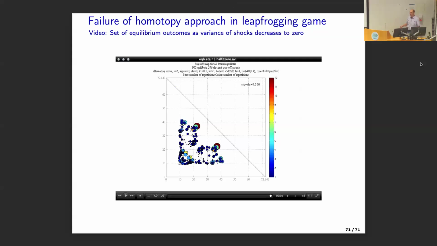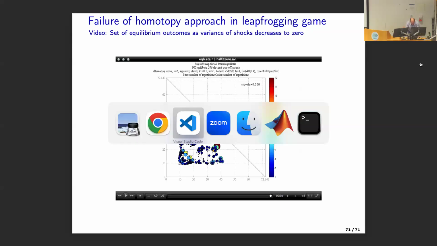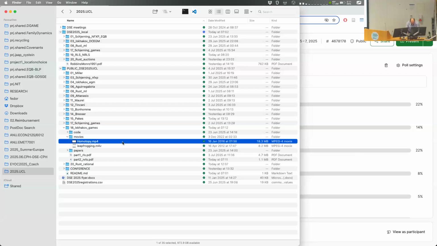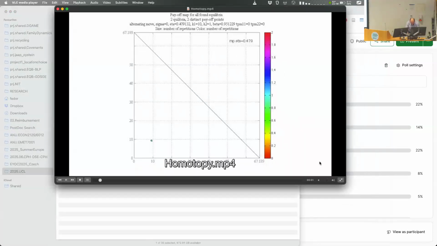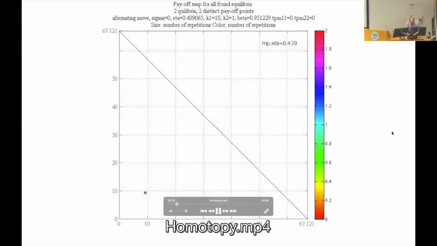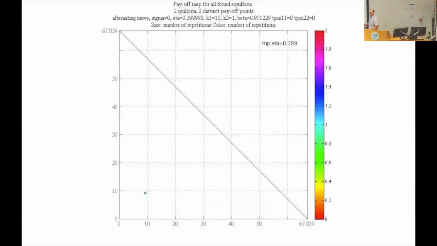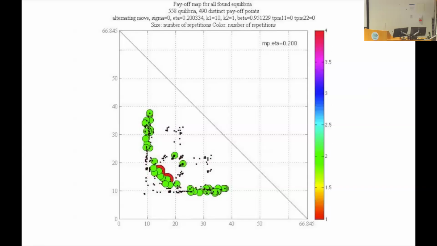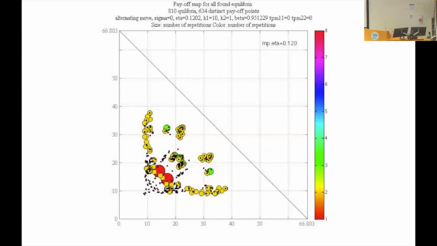In fact, this payoff map changes when you change the parameter, and we thought that the best way to actually show it to you would be to play a movie. So look at this. This is the payoff map that you've seen, and there's a single equilibrium. I'm moving eta, the scale of the shock, and as this moves slowly, suddenly you have these dots just kind of exploding, appearing out of nowhere on the payoff map.